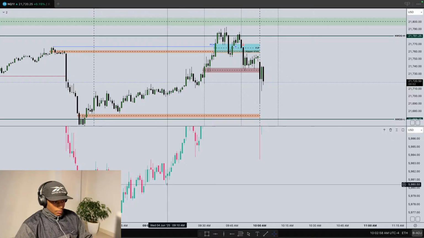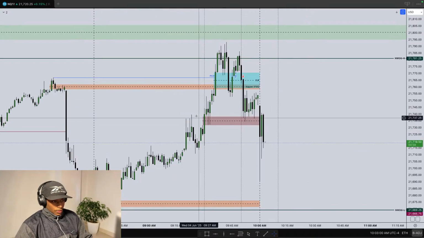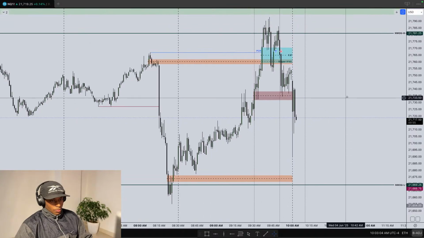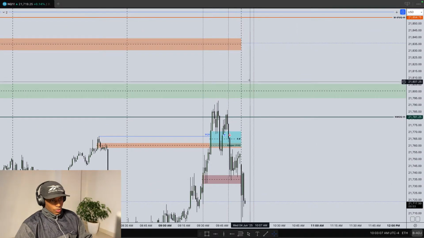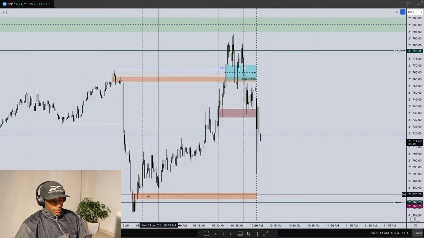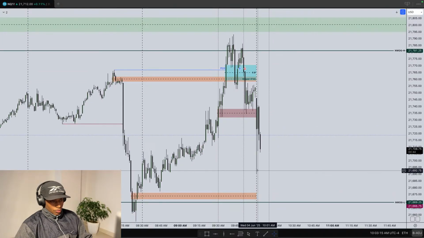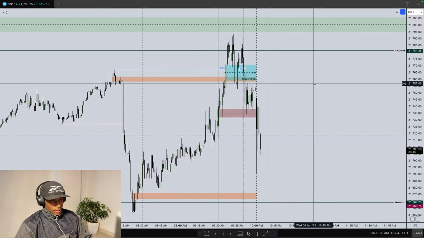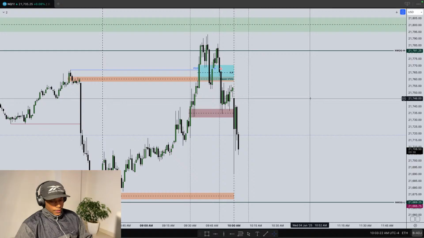Notice we've got an SMT with ES down here as well. So if this is a market maker model that could reach us up into all this, the buy side and everything, we would not want to reach back down to this level if price wants to attack this. So I'm just waiting for 10:15 right now.